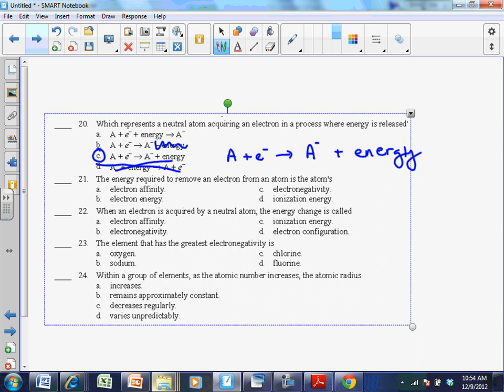Okay, all right. The energy required to remove an electron, that is the definition of ionization energy. Okay. 22. When an electron is acquired by a neutral atom, so this is the same process in number 20, that's called electron affinity. Okay, it's the reverse process. So this is electron affinity.